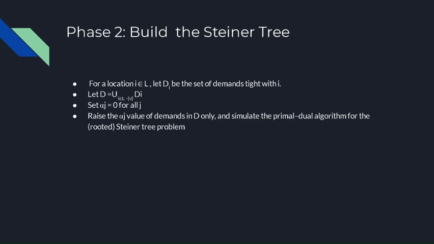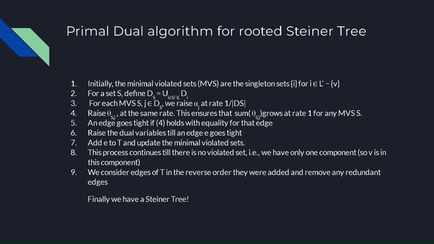Then we are just going to simulate the Primal-Dual algorithm for the rooted Steiner tree problem. Let me briefly tell you about this algorithm. We have the minimum violated sets, the singleton sets for all I which are element of L dash minus V. Now the visualization will be the same.